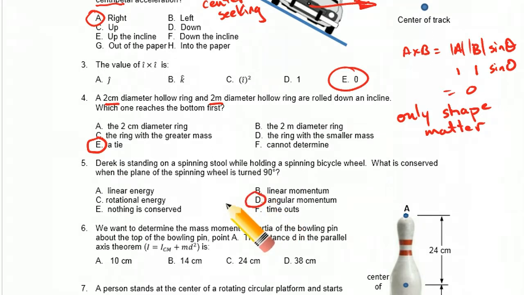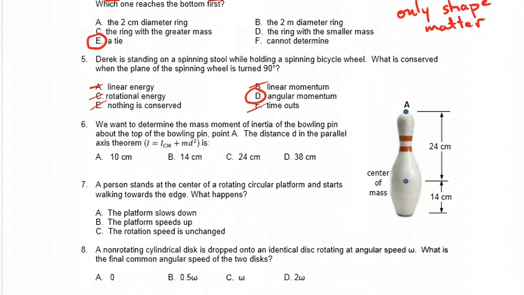There is no linear energy in this problem. The rotational energy would actually change; we could look at the numbers to do that. Linear momentum, we really didn't have that. And timeouts, Derek Dooley's gone, so we did not conserve our timeouts in football.